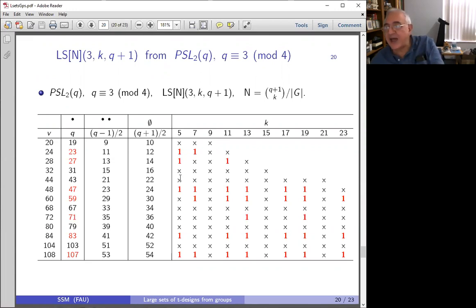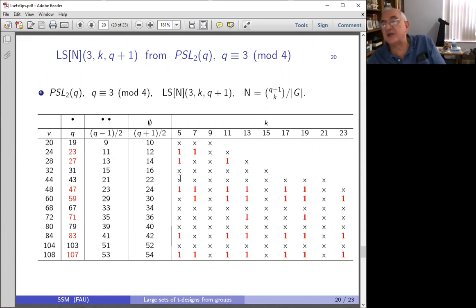And for K values up to V over 2, I can take 2-cycles and put them together to form a subset of K of even size. And therefore, such a subset is fixed by elements of the group.